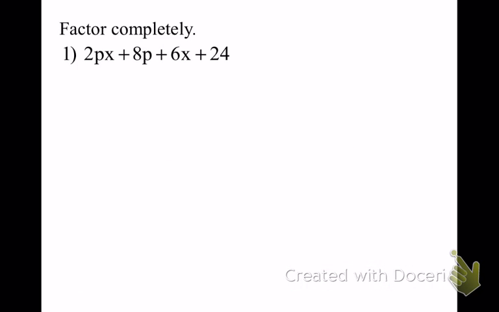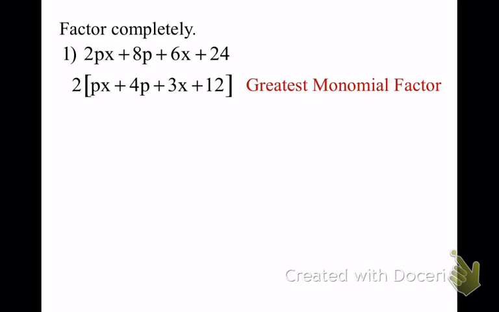Alright, so sometimes you're going to get something, and what do we always have to remember? Factor completely. We start with a GCF first. So notice we have a 2 that we can divide out of all terms. And then we will divide out, group it by px plus 4p, and 3x plus 12.